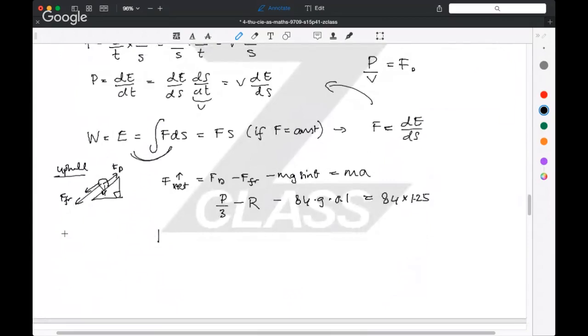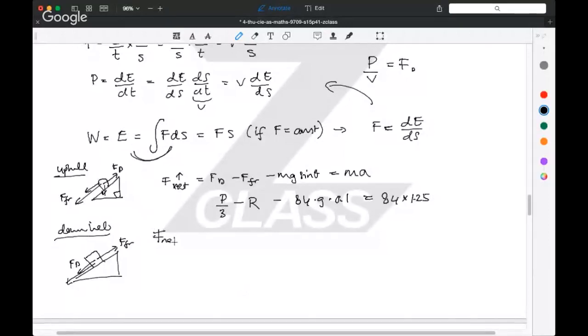But let's talk now about the downhill case. You just have to be a bit careful. You have to evaluate these separately, because now you've got the driving force going down. She's moving downhill, therefore the friction force is acting opposite to that, which is uphill. But now the component of her weight is helping the driving force against the friction force.